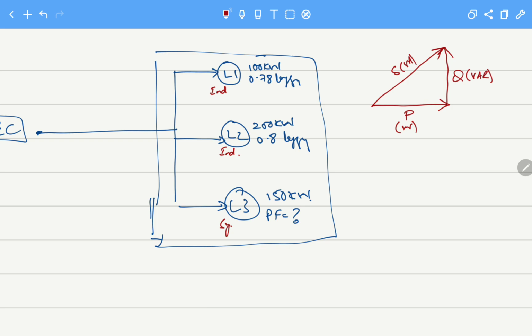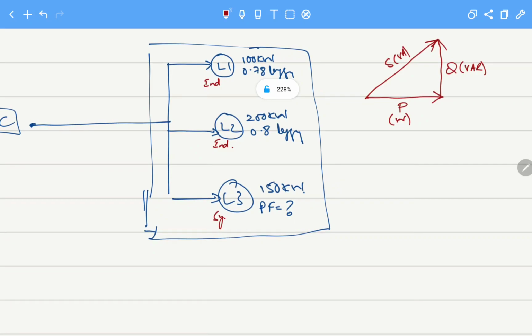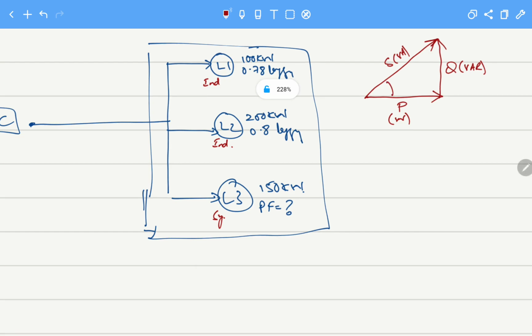For the value of VAR, there is the angle theta, and cos of theta is the power factor for the machine. We should also know that theta is the angle between the voltage and the current.